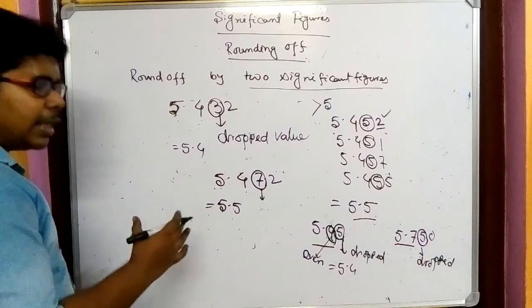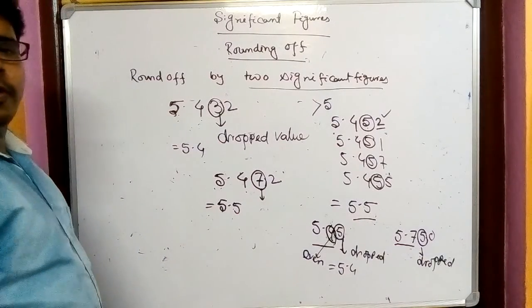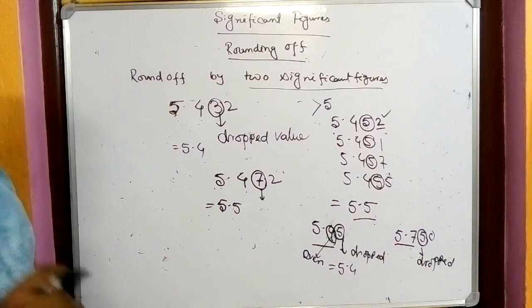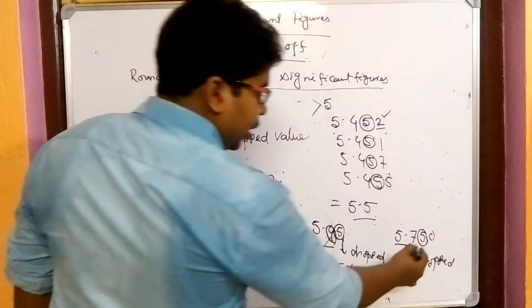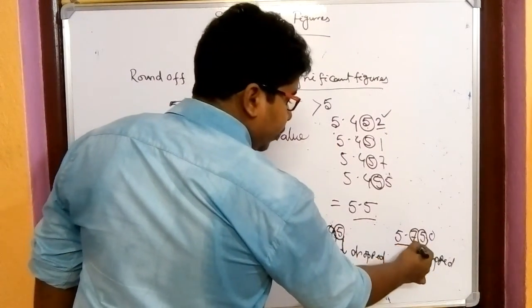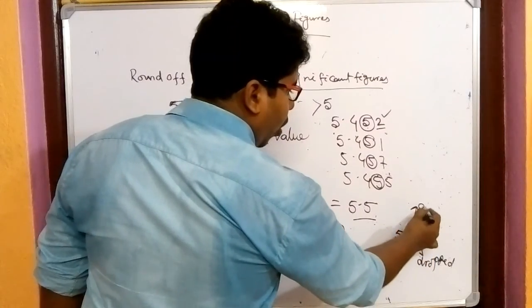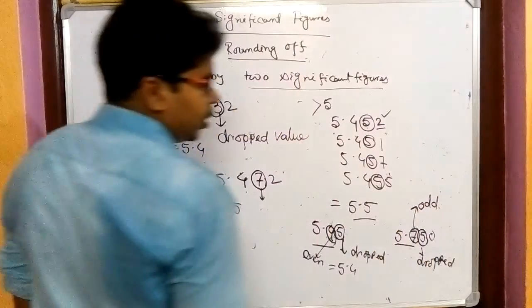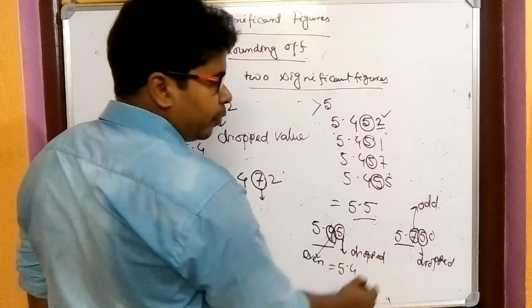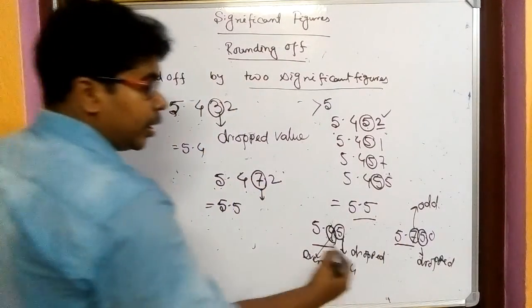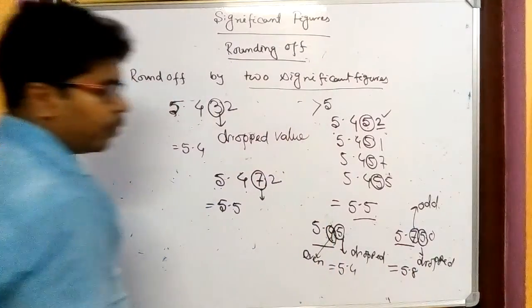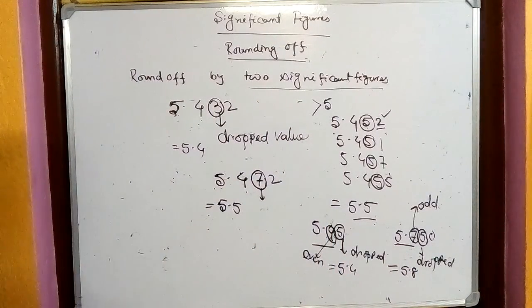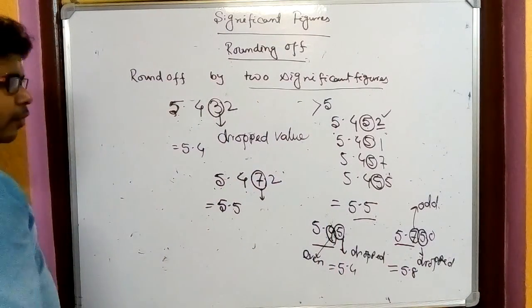And here you see, the previous number of the dropped value is an odd number, then it will be increased by 1. 5.8.